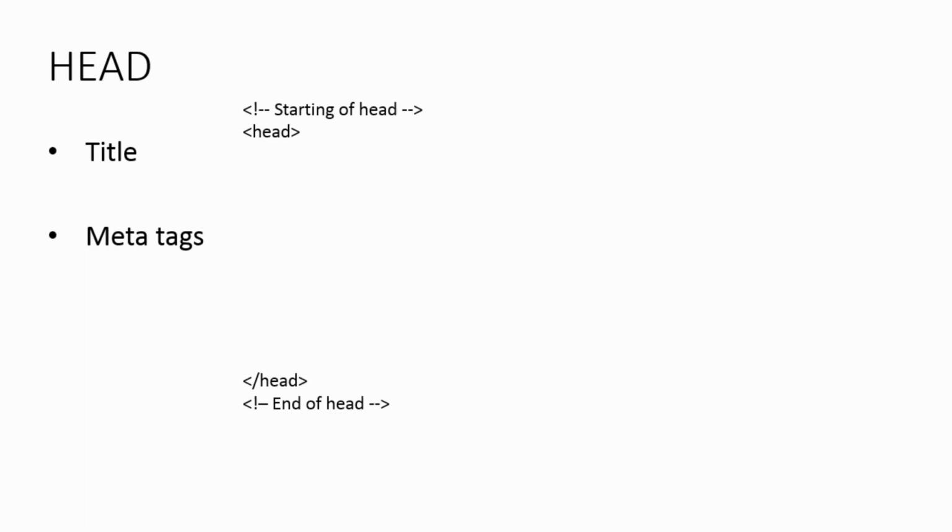Now there comes the head section. Inside the head I have provided title and meta tag. Do you want to know the reason why I have kept title and meta tag? Title provides the information of the web page that you are going to make.